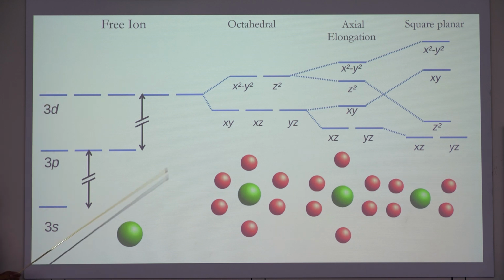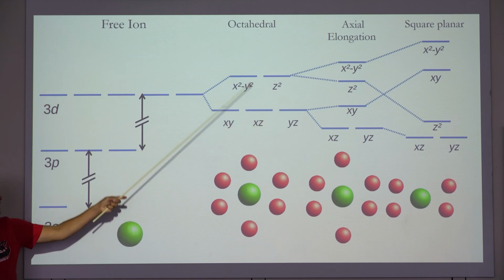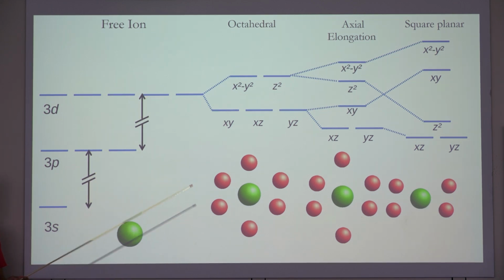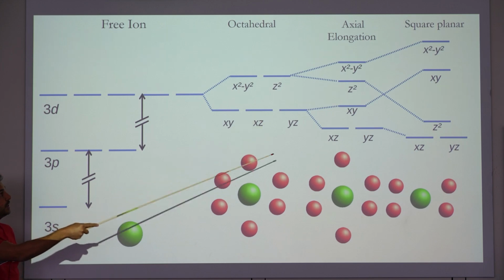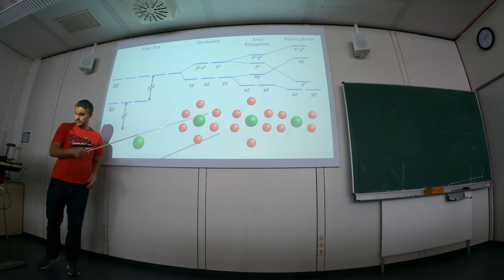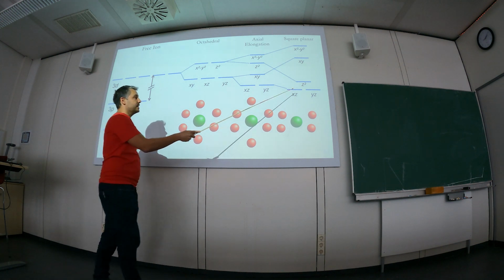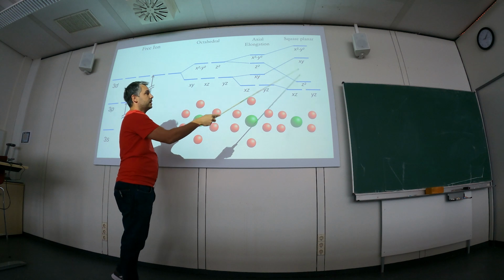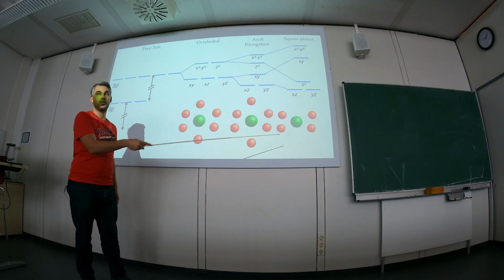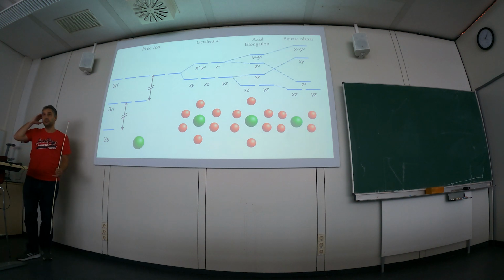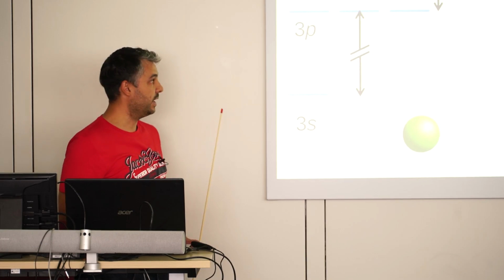When you put in an octahedral ligand field, you get a splitting, for example, of the d electrons. Everybody knows this. Then you have a further splitting when you have an axial elongation, and another case, a more extreme splitting, when you have a square planar case. All of that is caused by the different ways of writing an electronic Hamiltonian.